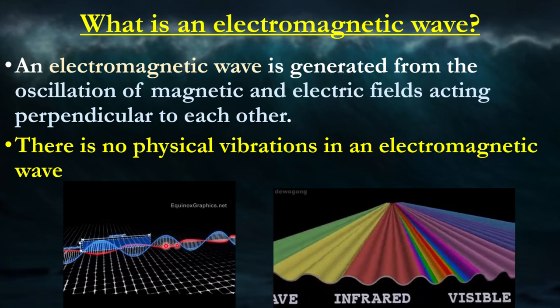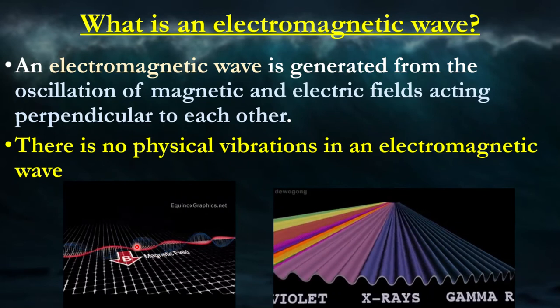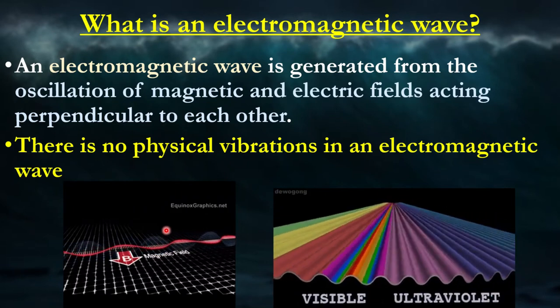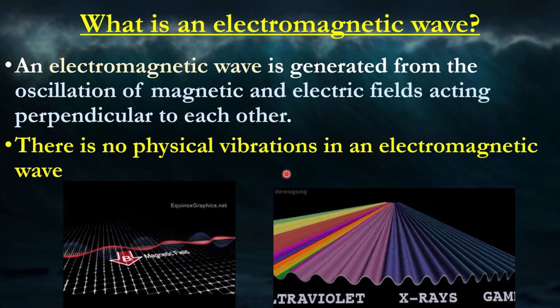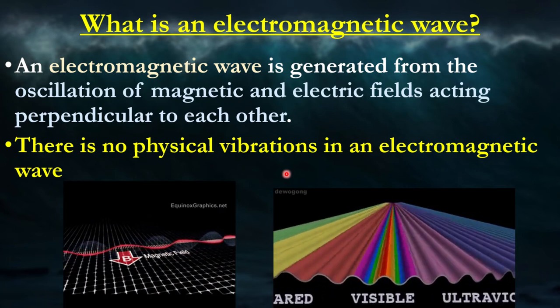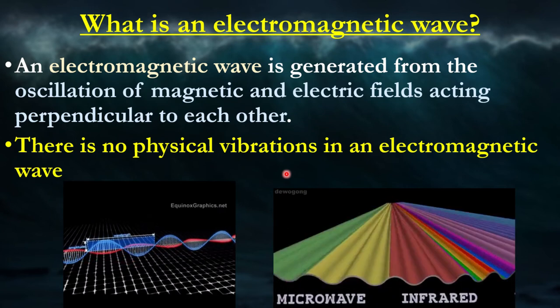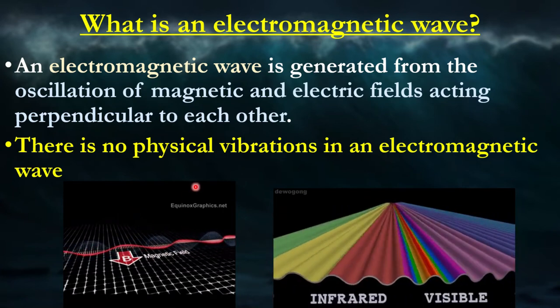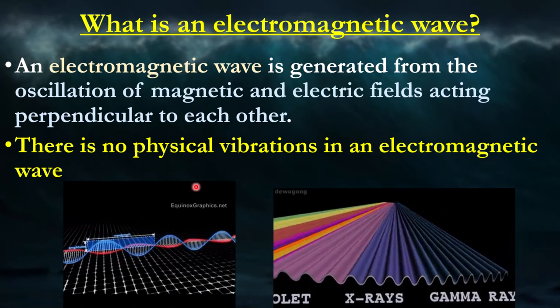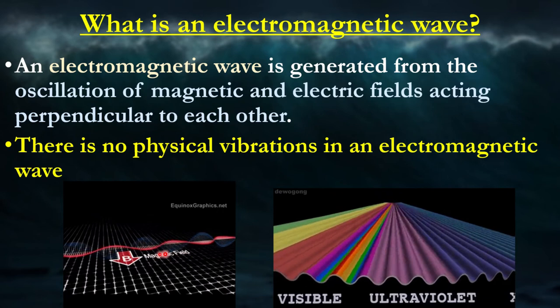So you can see it vibrating like so. There is no physical vibration, so it doesn't need to interact with any particles, any form of matter to continue its motion. All you need is an oscillating charge to begin it, and you have this electromagnetic wave.